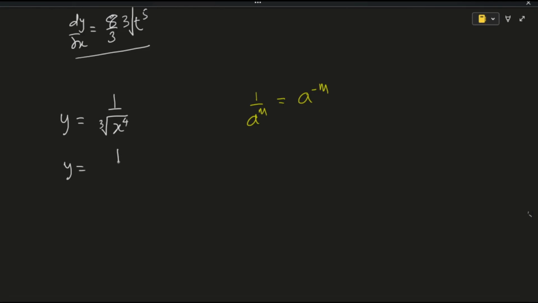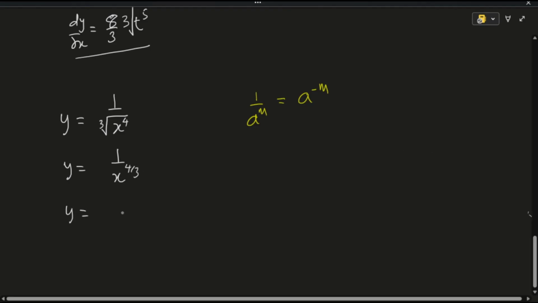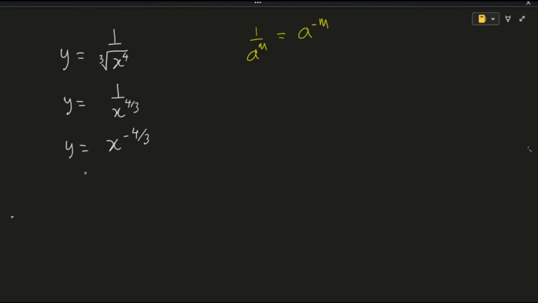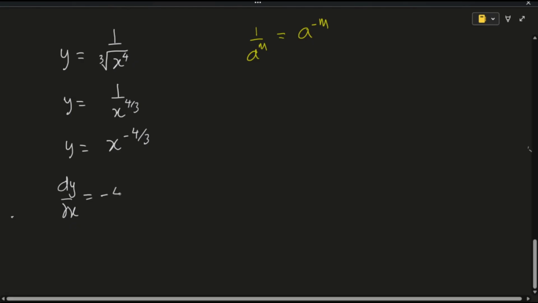So first of all, we're going to apply the fractional exponent rule, and we are going to have this. Then we're going to apply the negative exponent rule, and we're going to have this. So in this fractional exponent notation, we can now go ahead and find the derivative of this expression.